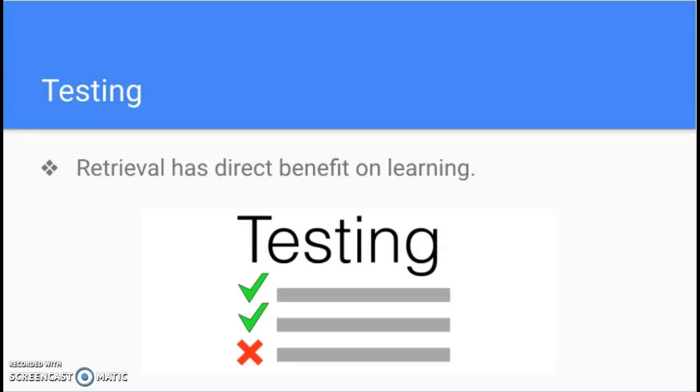Testing is the third area, and what the authors are referring to is using testing as a learning tool instead of an assessment. Research has shown that retrieval has direct benefits on learning. For instance, in a study done in 2006, one group studied something 4 times, and another group studied it 1 time but had 3 recall tests.